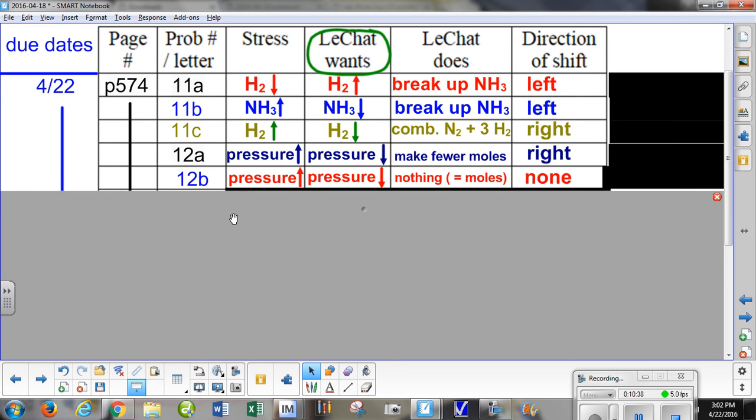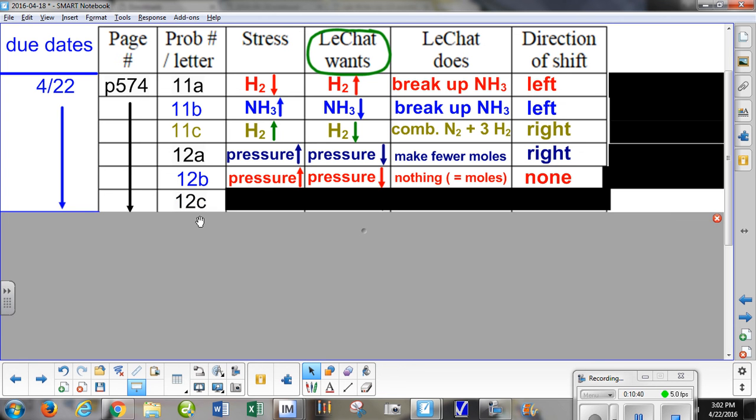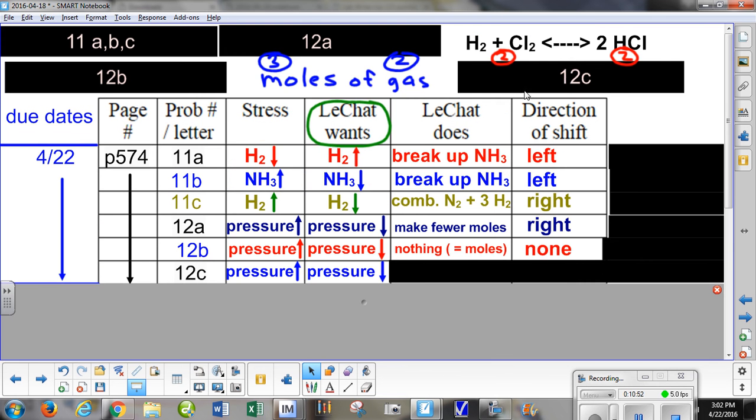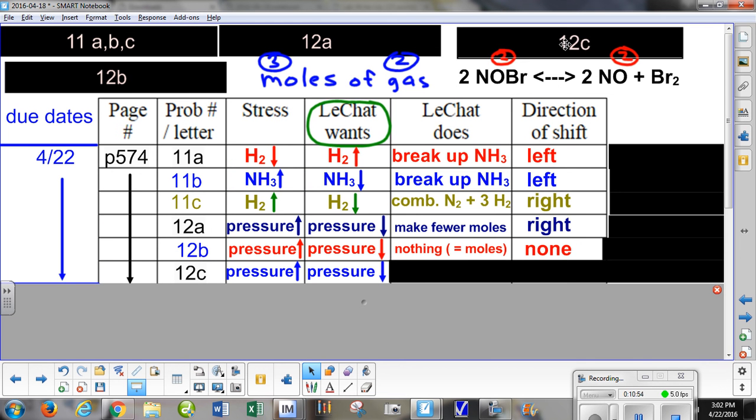Yeah, definitely a little bit of a trick question. Okay, pressure up again. We know that he wants to put it down. But what's the equation this time? Let's look at the new equation. 2 on the left.